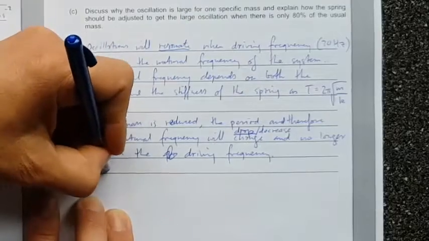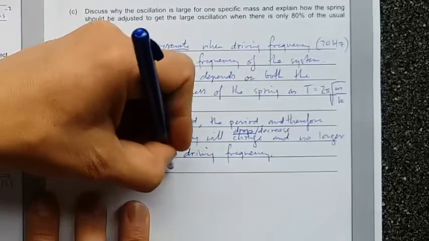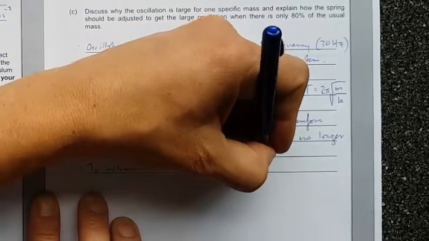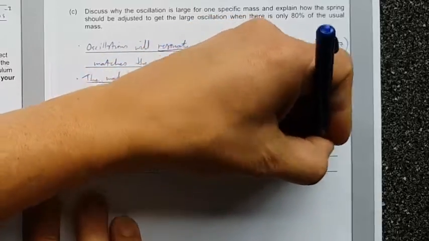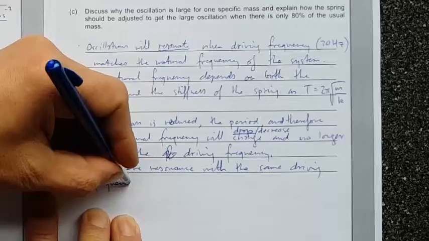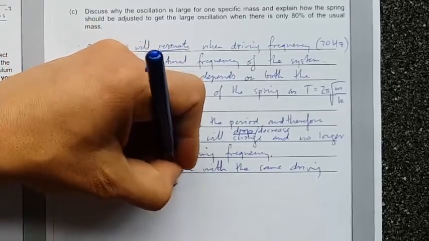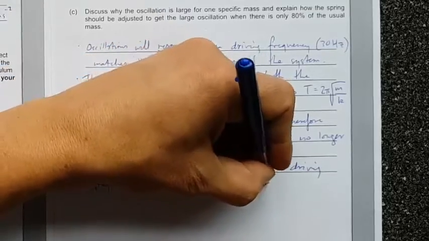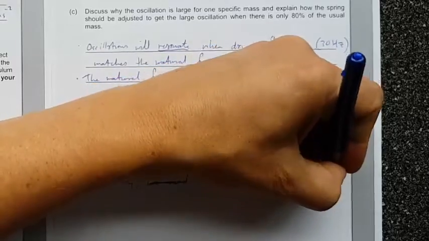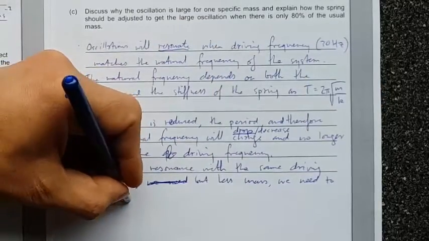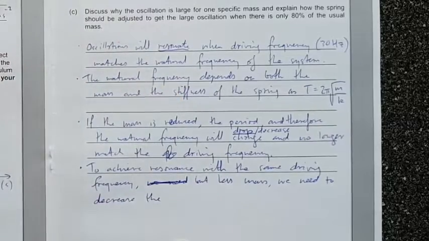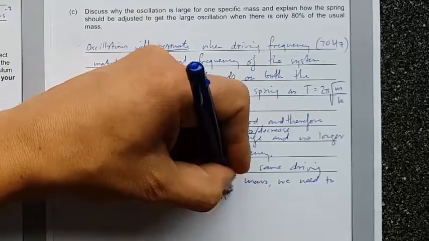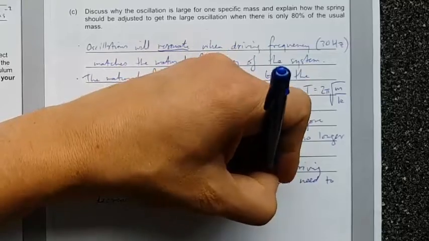To achieve resonance with the same driving frequency but less mass, we need to decrease the spring stiffness, the spring constant, we can say, by the same amount.